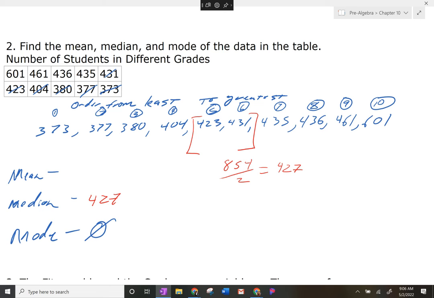And then the mean. Anybody have a number that you had for the mean? Mary, what'd you get? 432.1. Did anybody else have 432.1? Anybody have something different? Hopefully you added them all up together.